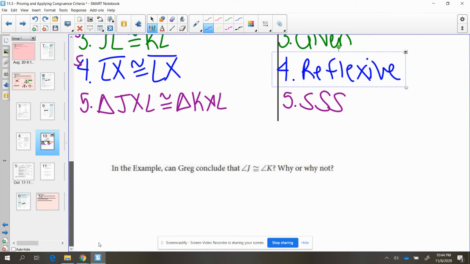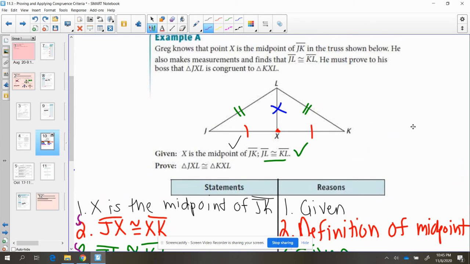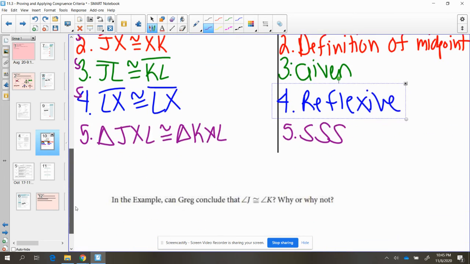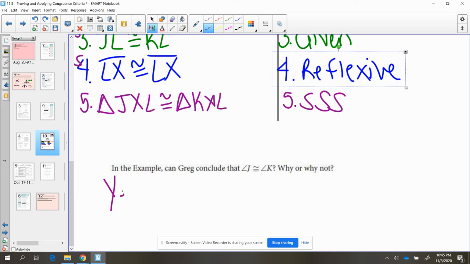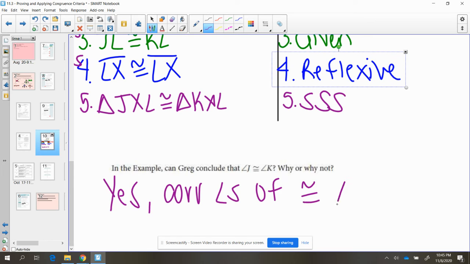Now, could we also eventually state then that angle J is congruent to angle K now that we've stated these triangles are congruent? And the answer to that would be yes, because we know the corresponding angles of congruent triangles are congruent, right?